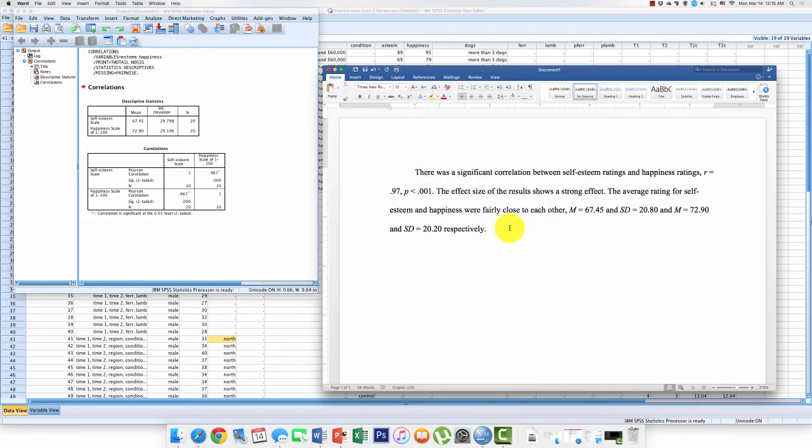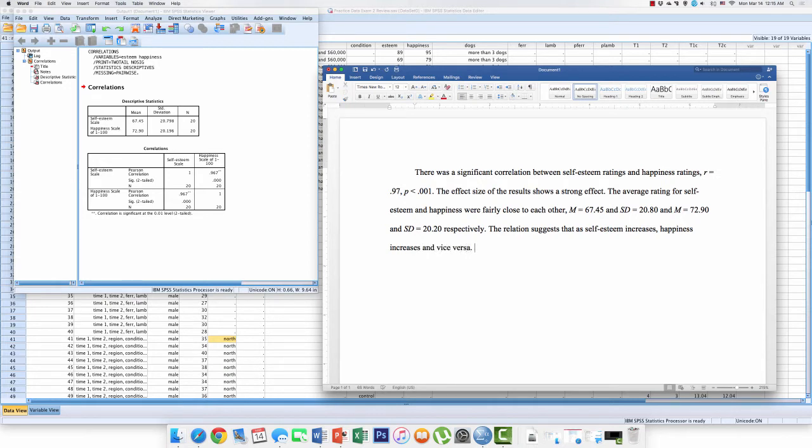If you want to do a brief description of the plain English part, the relation suggests that as self-esteem increases, happiness increases, and vice versa.